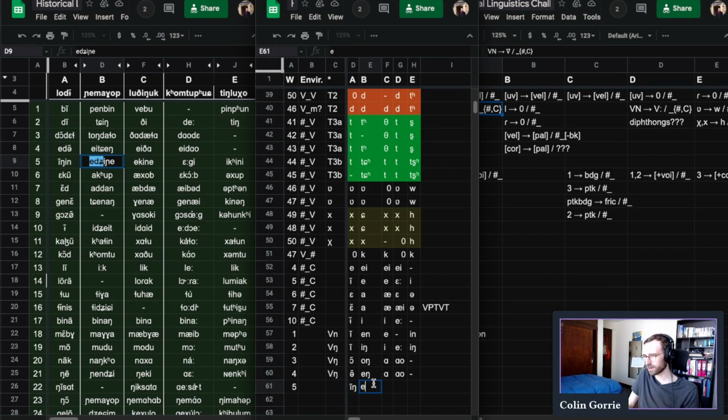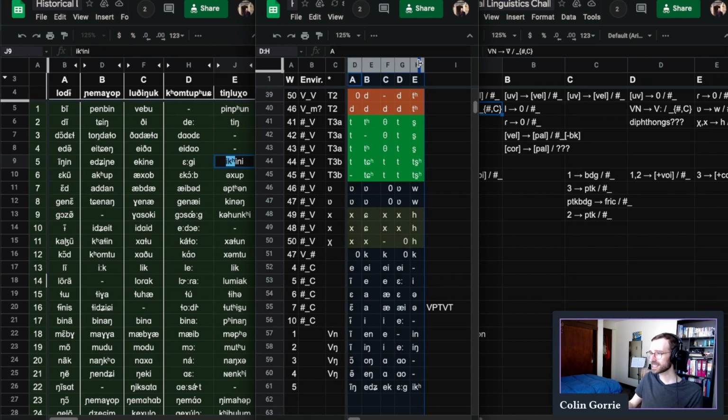Well, let's just go for it and see what happens. So we have this correspondence: ing, edge, ek, and then egg, and then ik. What's going on there? I wonder. This is not the same thing as what's going on in 1 to 4.